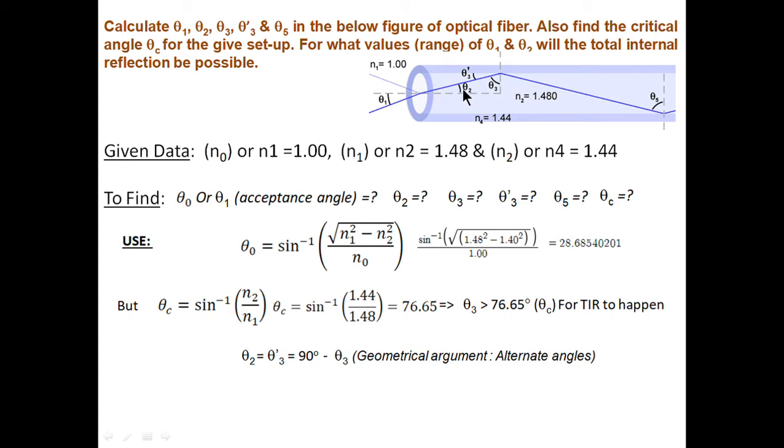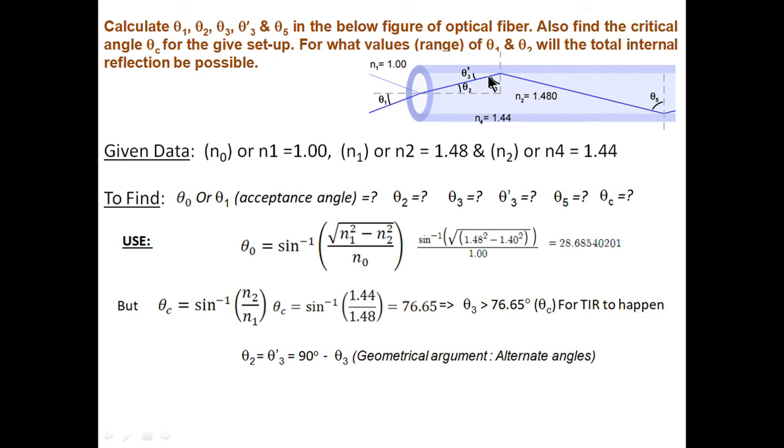But to have a perfect value through your critical value, it is easy to use this theta 3 dash and try to understand what the value is. So theta 2, from this triangle over here, if you know theta 3, you can easily know theta 2, because it's a geometrical argument again. All these three angles together form 180, so you can get theta 2. As well, if you know theta 1, you can calculate theta 2.